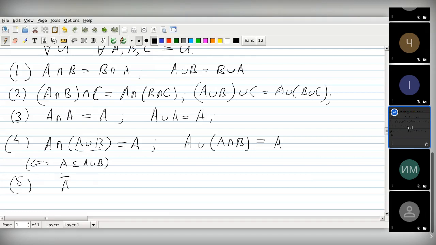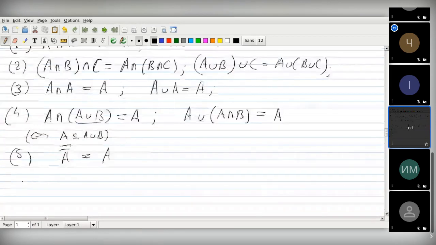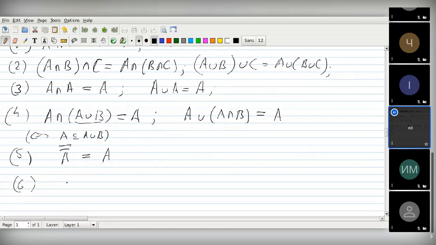The complement of the complement, double complement, is what? A. It is just A. Distributivity laws.